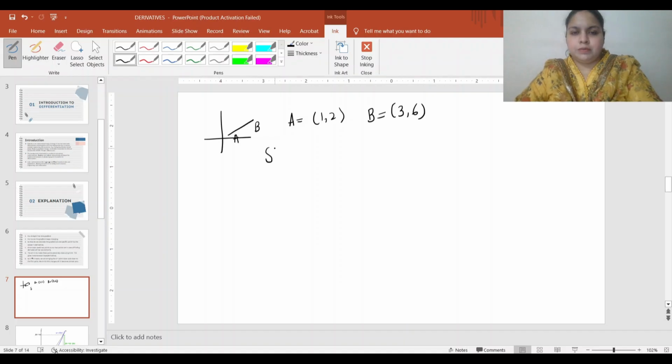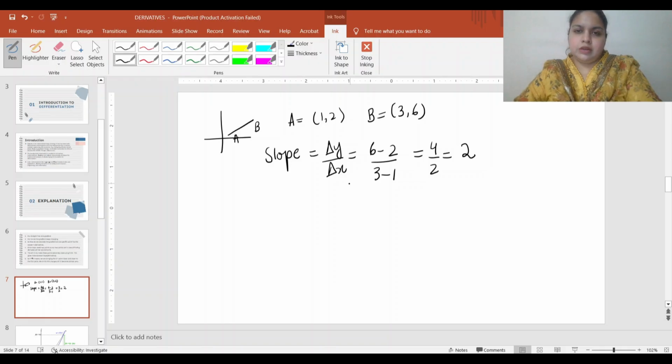So what is slope? Slope is delta y over delta x, change in y over change in x, which is (6 minus 2) over (3 minus 1). This is the slope of this straight line.